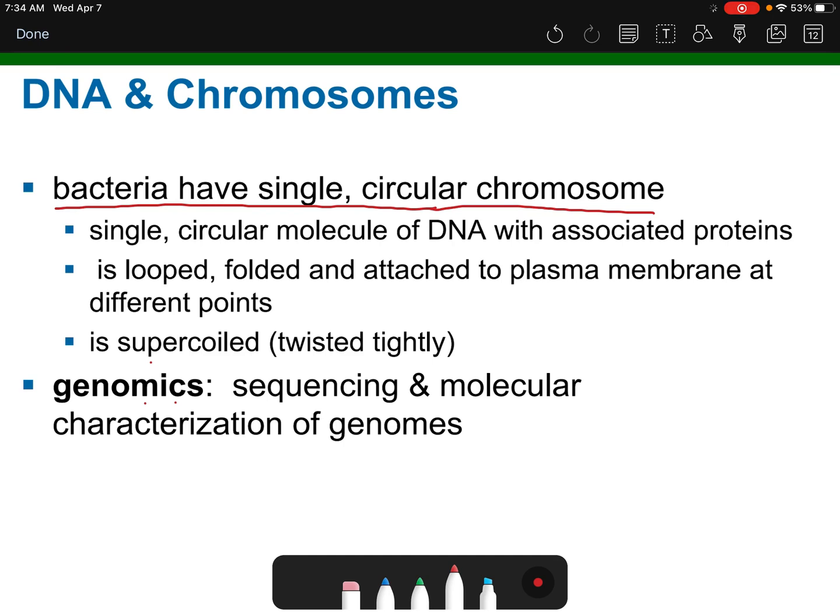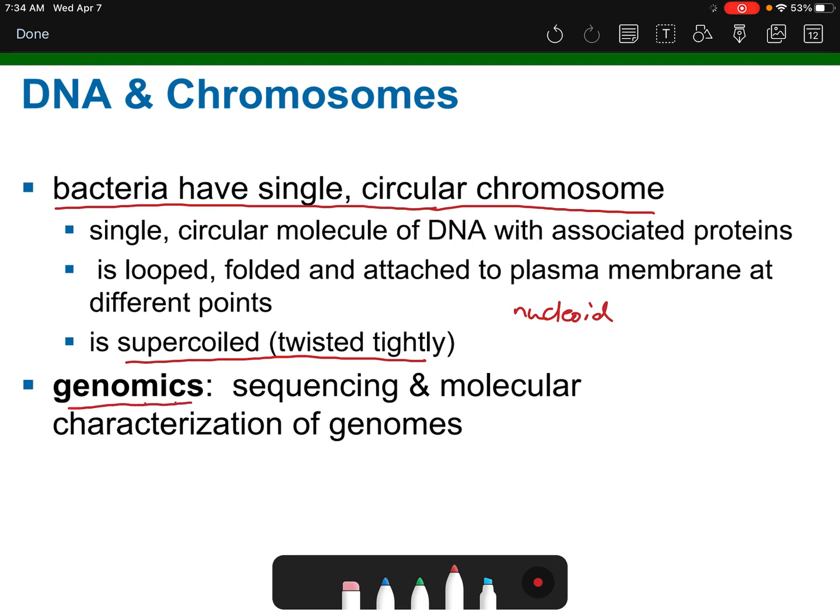But remember, we say that it's in that region called the nucleoid. So it's just in that region in the cytoplasm. It is supercoiled and twisted up because we don't want any damage to come to it, just like we don't want any damage to come to our chromosomes either. But so that will play a role when we're talking about DNA replication. There are enzymes that help unwind that DNA.